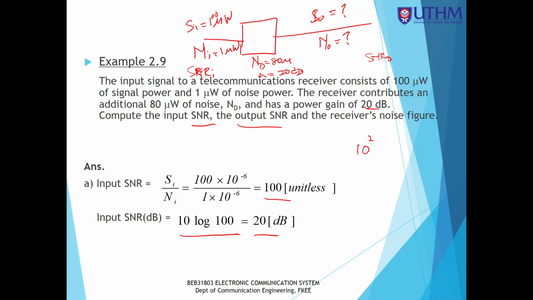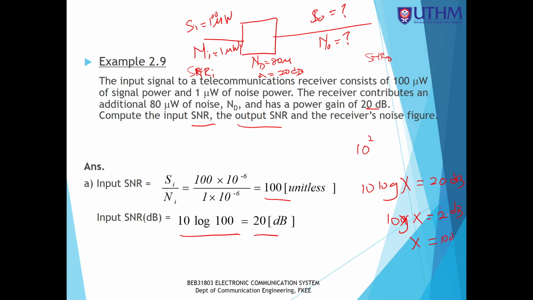Why do I use anti-log of 2? Because 10 log x is equal to 20 dB, so log x is equal to 2, because we divide with 10. So x is anti-log of 2, so we get 100.